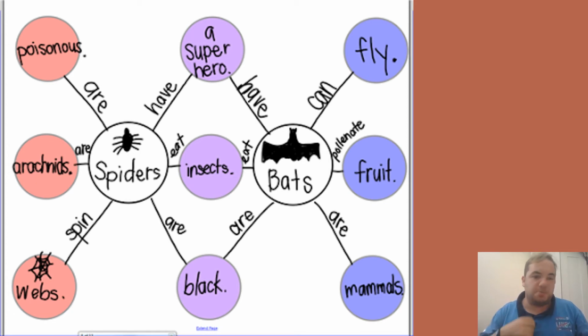What's unique to spiders is that they can be poisonous, they are arachnids, and they spin webs. But they also have some similarities which have been identified in this mind map. For example, they're both black, they both eat insects, and they both have a superhero, Spider-Man, Batman.